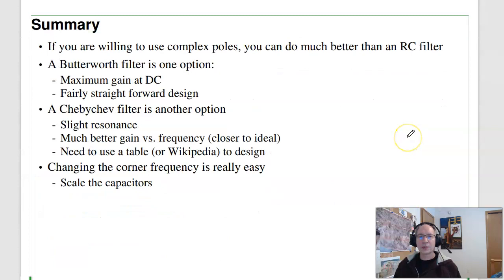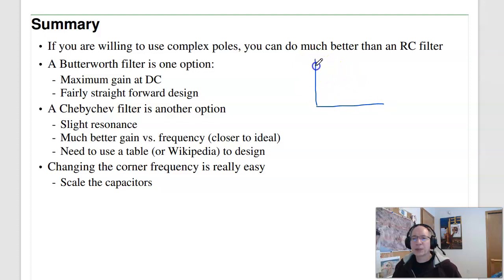So in summary, if you're willing to use complex poles, you can do much better than an RC filter. Butterworth filter is one option. It has a maximum gain of 1. It looks like this. It's fairly easy to design.